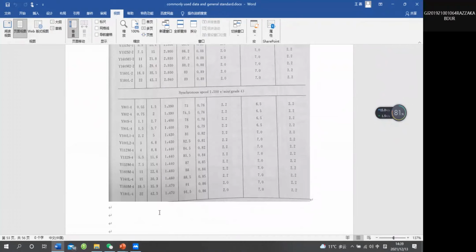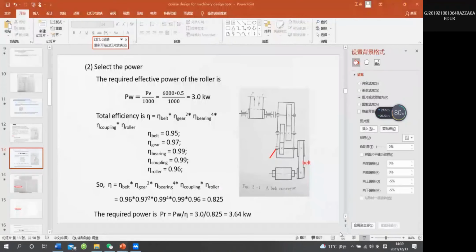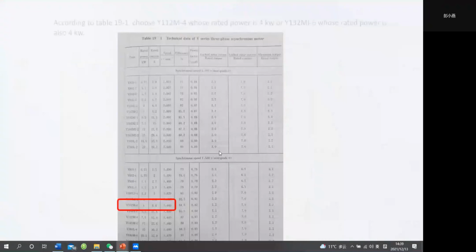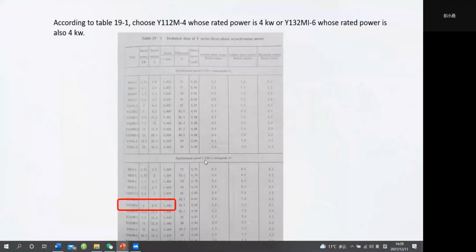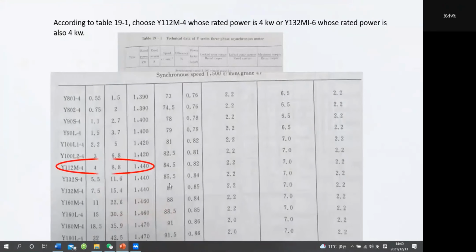Okay. And then for the synchronous speed of 1,500, we choose this type with the rated power of 4 kilowatts, or this type with the rated power of 4 kilowatts.